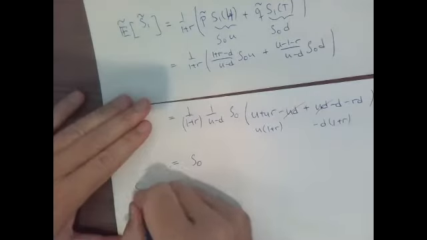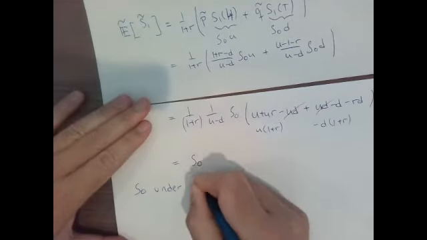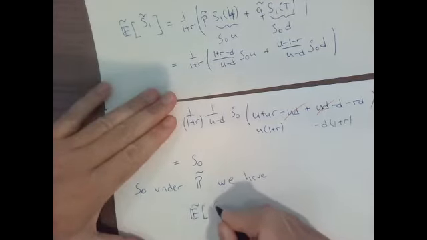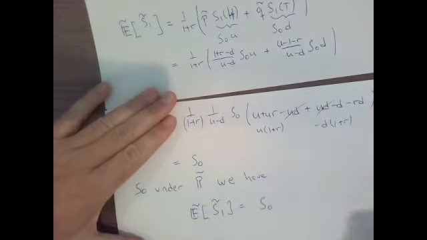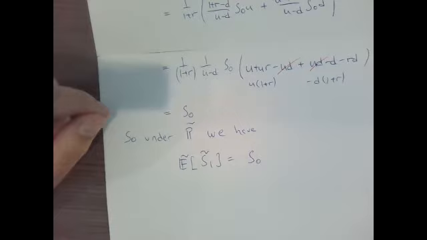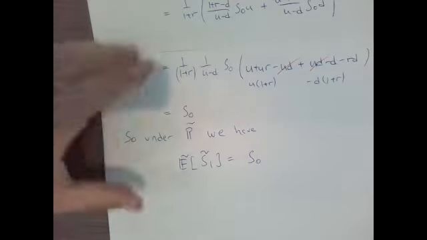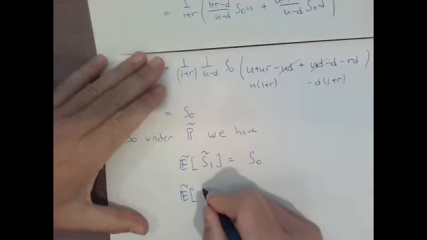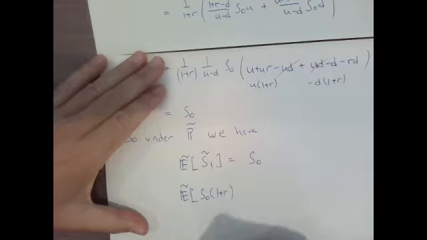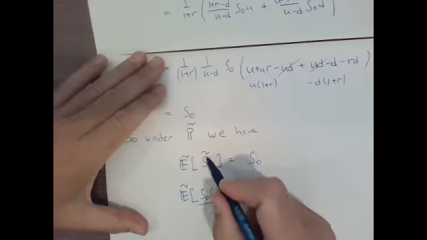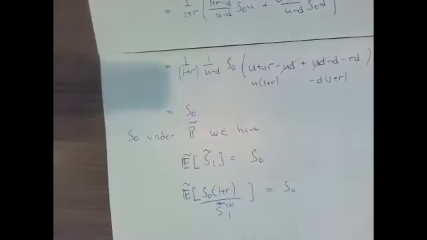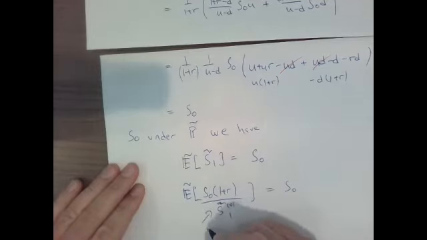Right, so under P tilde, the expectation of S tilde 1 is exactly S0. And perhaps a little bit silly, but if I compute the expected return on the money market account, S0 times 1 plus R, discounted, since the tilde signifies discounting, this would also be S0. There's no randomness here.